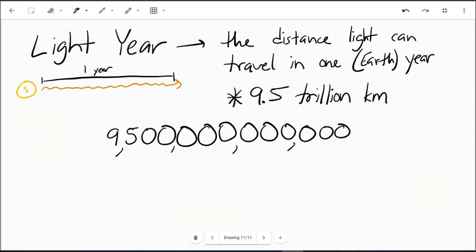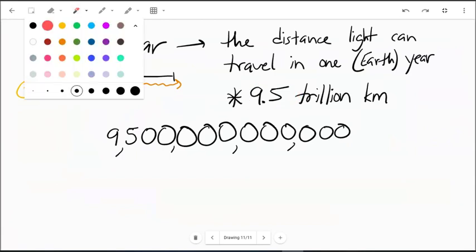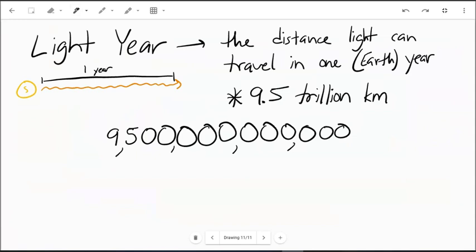Brain hurts. See, this is why we use scientific notation. You may not realize it, but this 9.5 right now is actually in scientific notation. It's a smaller number. We just use trillion instead of writing out all those zeros, all right? Why I'm doing this is because you're going to start seeing very large numbers. You're going to see planets with masses in the trillions.